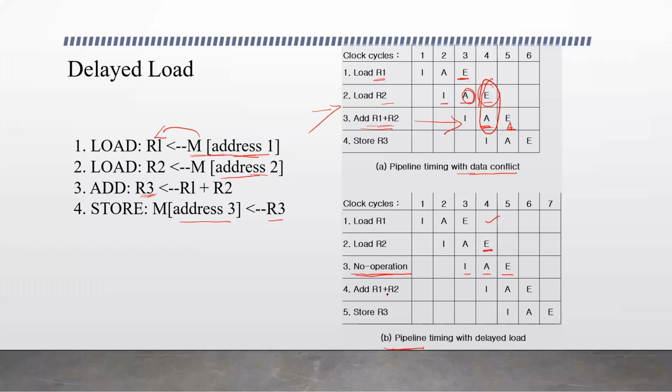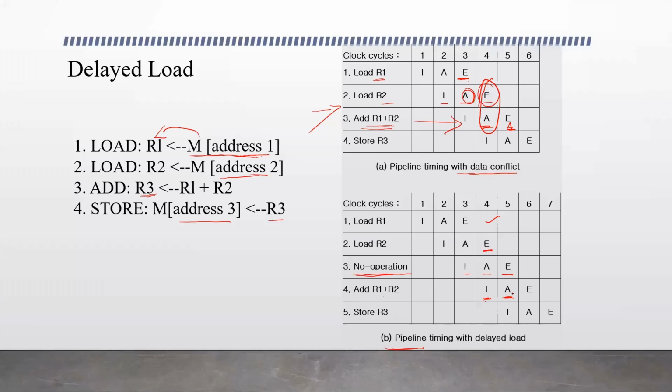The next instruction is add R1 plus R2, which is started during clock cycle 4. Instruction fetch is done during clock cycle 4, and during the 5th cycle the ALU needs R2, which was loaded by the earlier, second instruction during clock cycle 4.